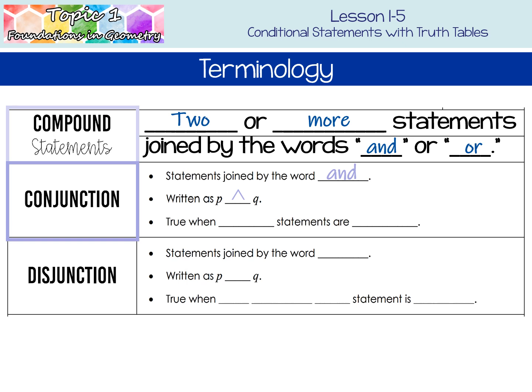It is a mathematical symbol. It's true when both statements are true. A disjunction, on the other hand, is statements joined by the word or, and that is written with this symbol, that is P or Q, and that is true when at least one of the statements is true.